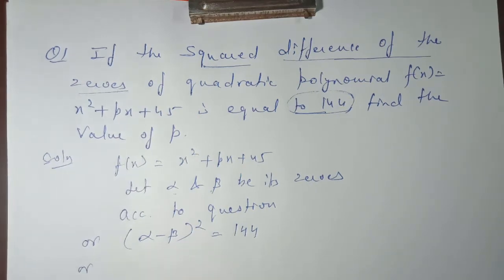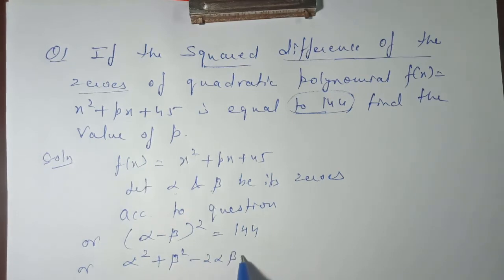Now let us do the basic calculation. We use the identity (a - b)² = a² + b² - 2ab. So it will be alpha² + beta² - 2 alpha beta = 144. Now we have to solve it.